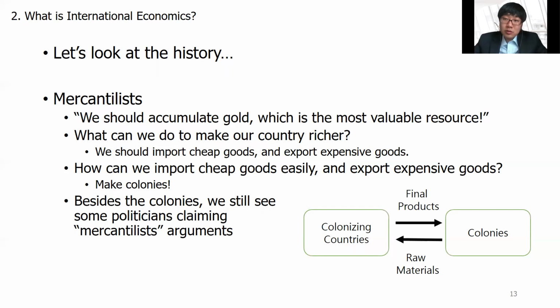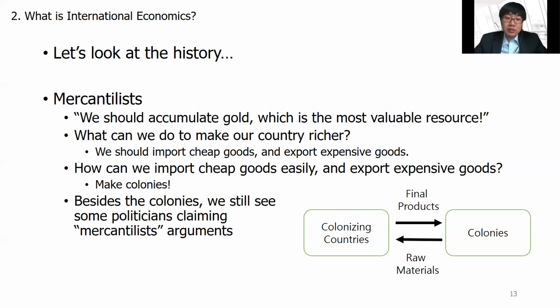What they wanted to do was to make their countries richer, and what they argued was that countries should import cheap goods and export expensive goods, because that's the way to accumulate gold, because gold was the common currency at that time.